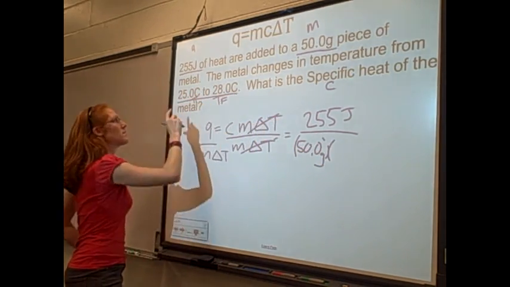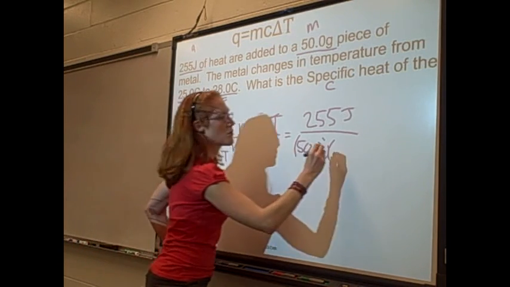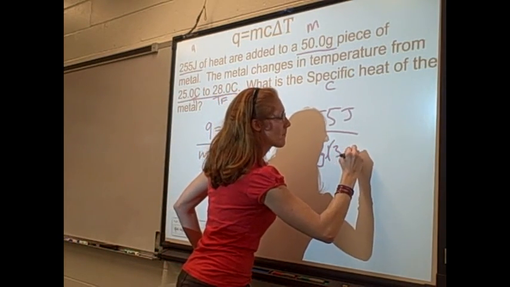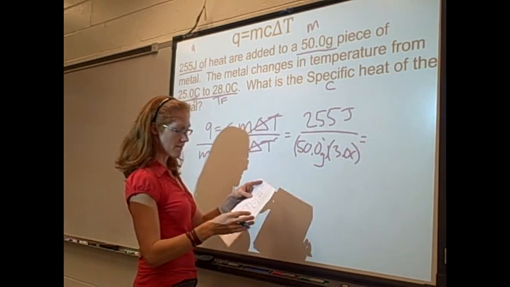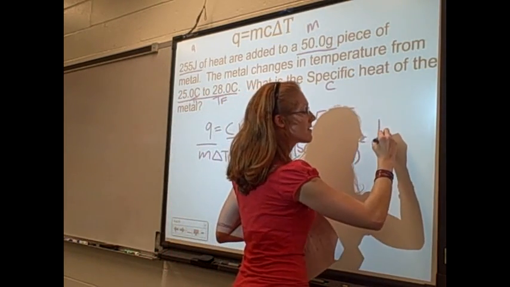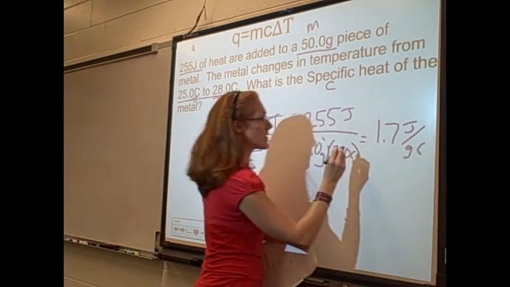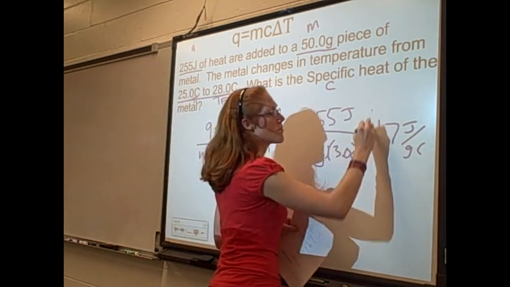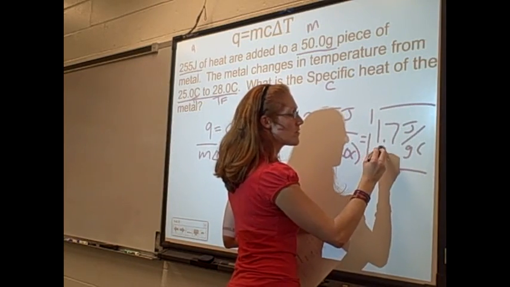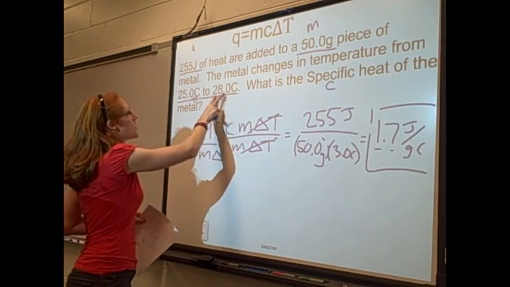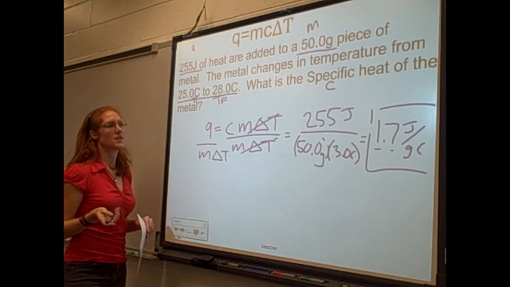So the change in temp was the final minus the initial, that's 3.0. Okay, and when I calculate that, I end up getting 1.7 joules per gram degree Celsius. Okay, and that's going to be my specific heat capacity. I give it 2 sig figs because the change in temp is going to be 3.0, so that has 2 sig figs.